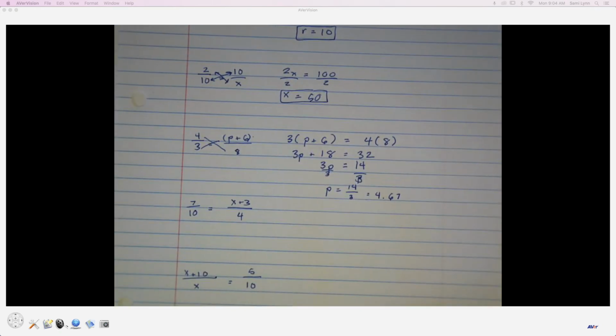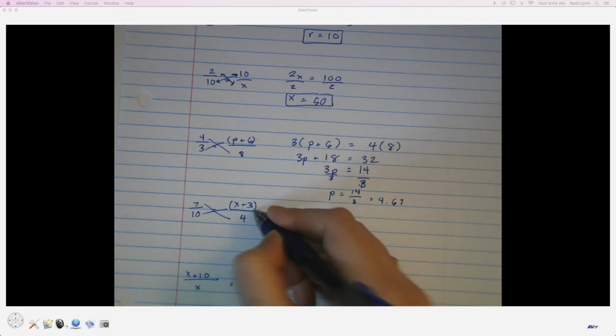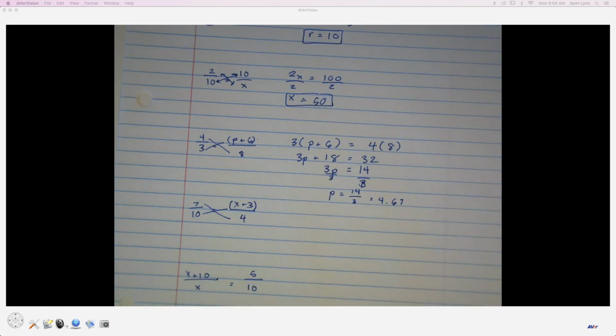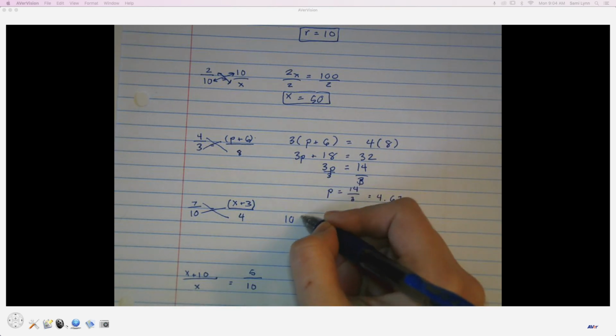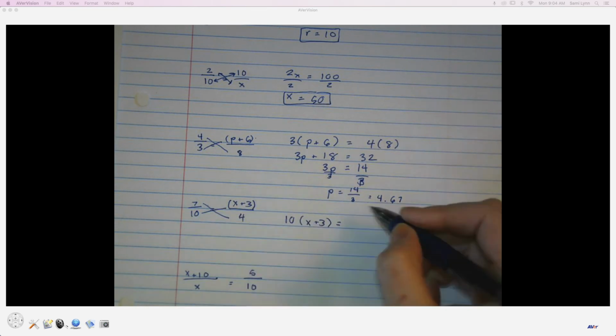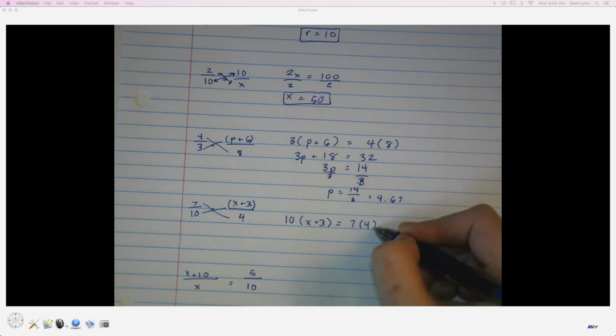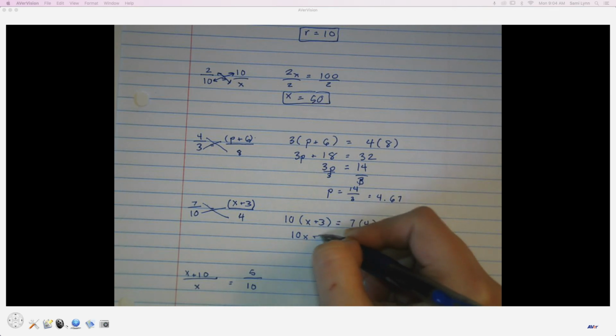Let's talk about the next one. So we're going to cross multiply here. Don't forget those parentheses. I'm always going to write those in if they don't have it already. So we have 10 times x plus 3, set that equal to 7 times 4. So I get 10x plus 30.